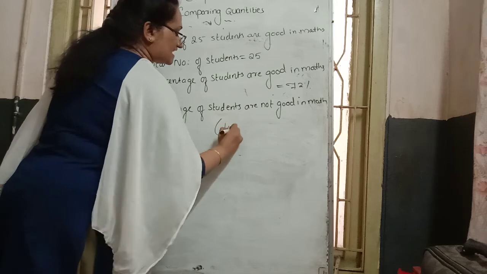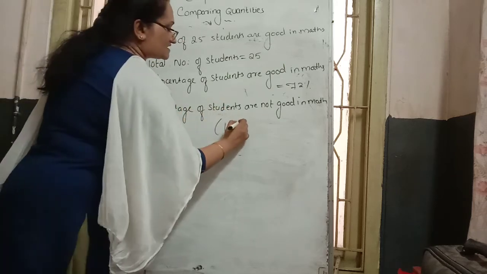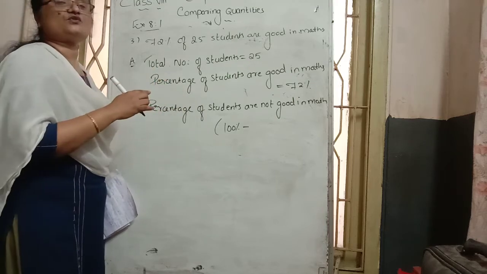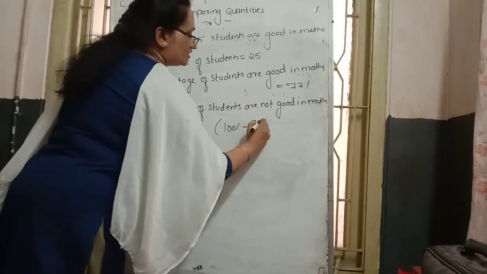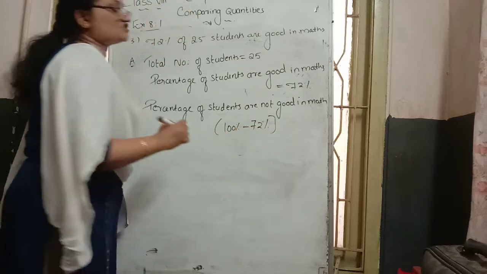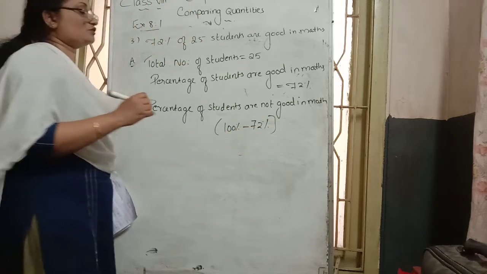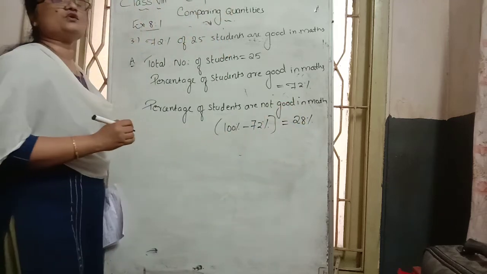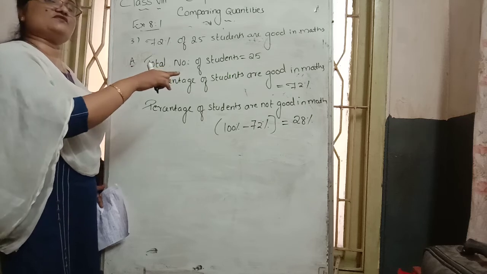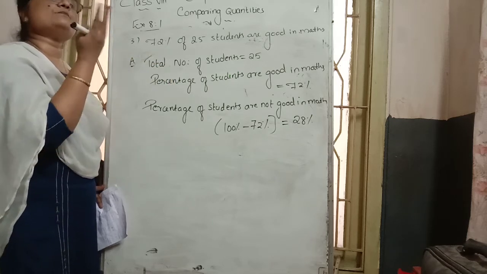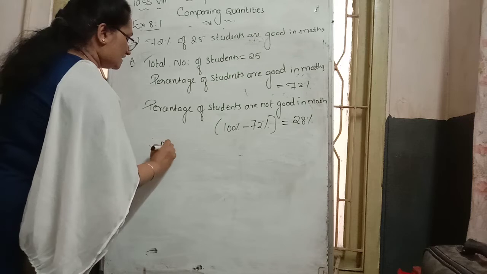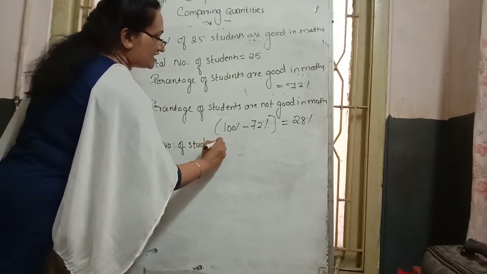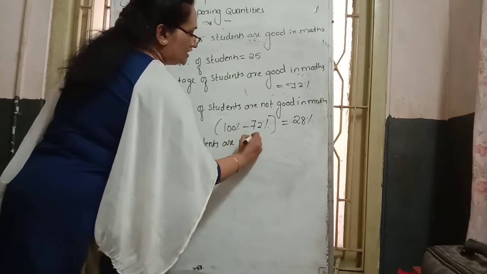So subtract the percentage of students good in maths, 72, from 100%. How much will come? 28% of students are not good in maths.